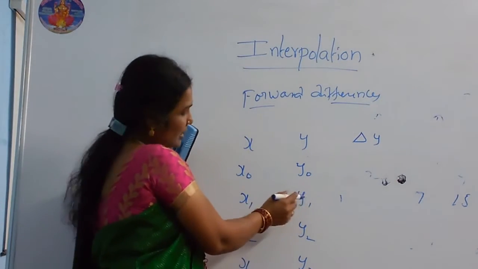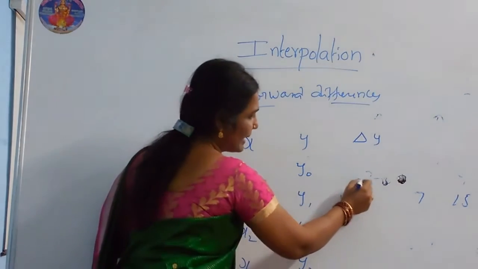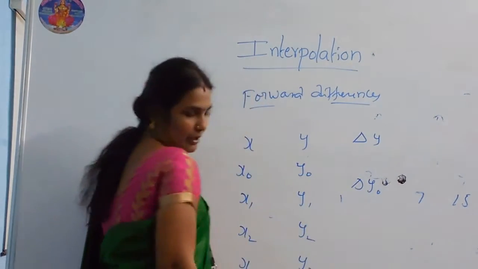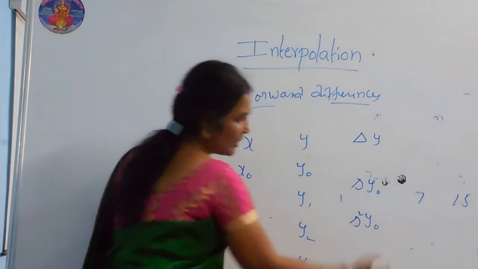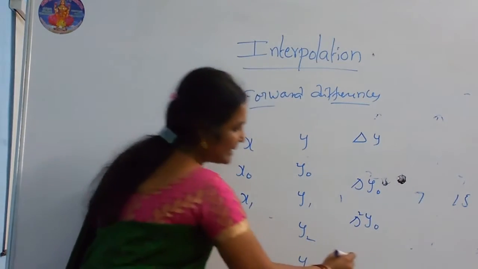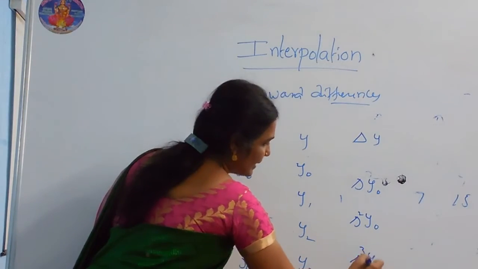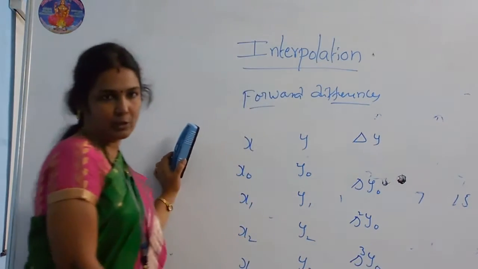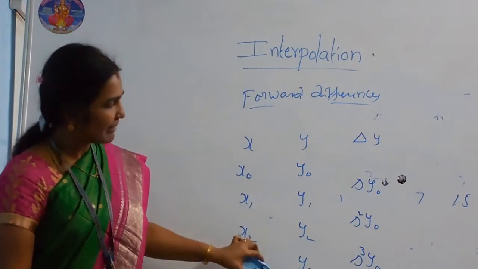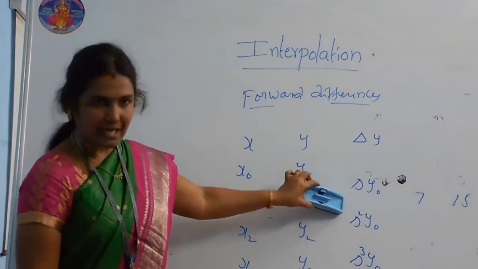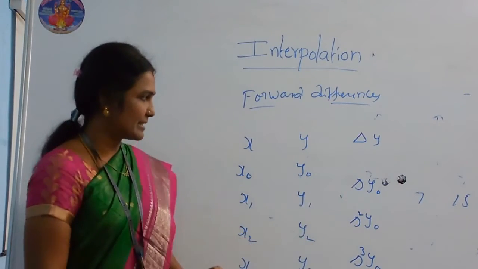And we denote y1 minus y0 by delta y0, y2 minus y1 by delta y1, y3 minus y2 by delta y2. So the differences formed with the table values of y are known as first forward differences.